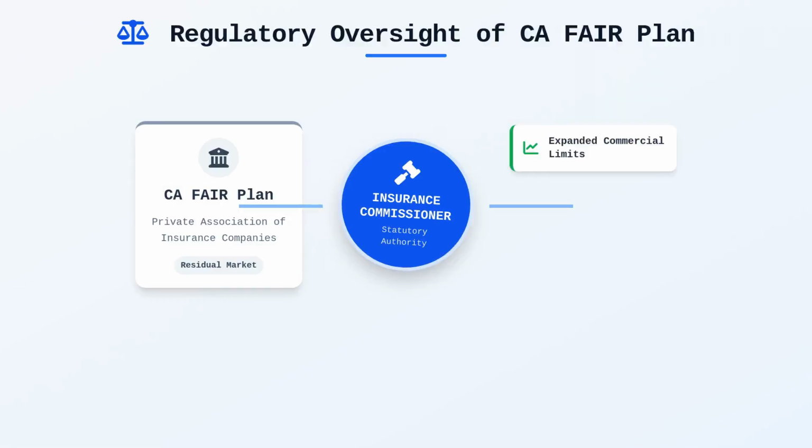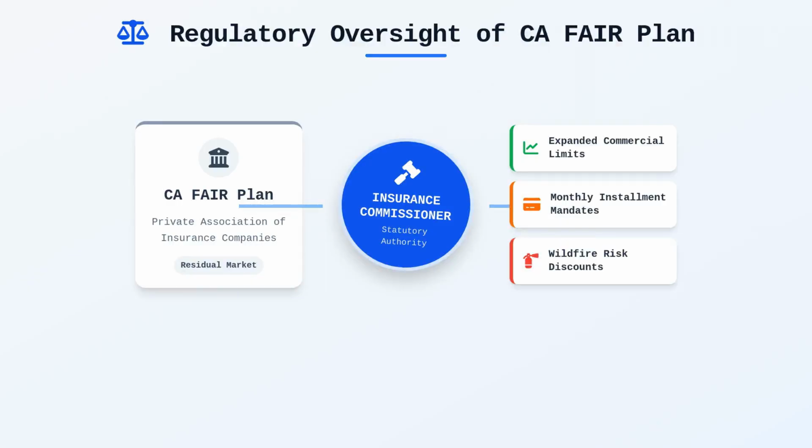Over the years, this authority has been exercised to expand commercial policy limits, mandate monthly installment payment options, and require premium discounts for wildfire risk mitigation. The administrative power of the Commissioner is not merely passive, as the Department of Insurance actively reviews the plan of operation to balance structural market stability with consumer availability.